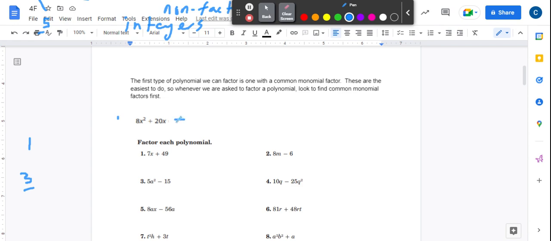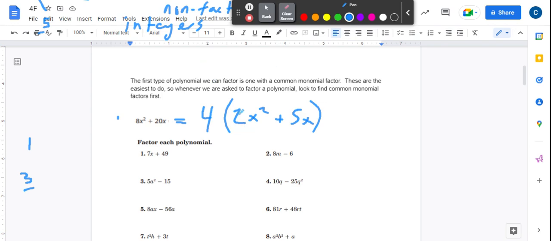So what we can pull out here is a 4. Now, if we divide a 4 out of there, let's look at what we're left with: 2x squared plus 5x.